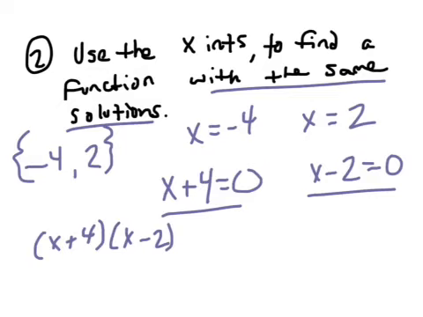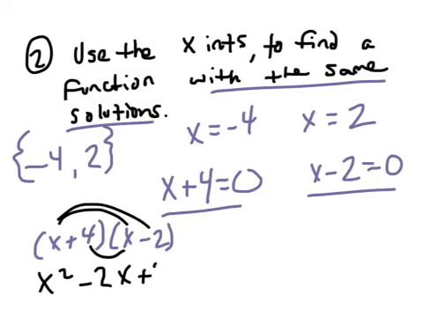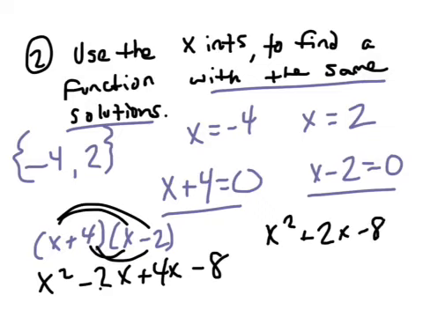Now we're going to take these binomials and multiply them together. Again, we're just doing the opposite of factoring, so what we're doing now is distributing. You have x squared minus 2x plus 4x minus 8. So we have x squared, -2 plus 4 is +2, minus 8.